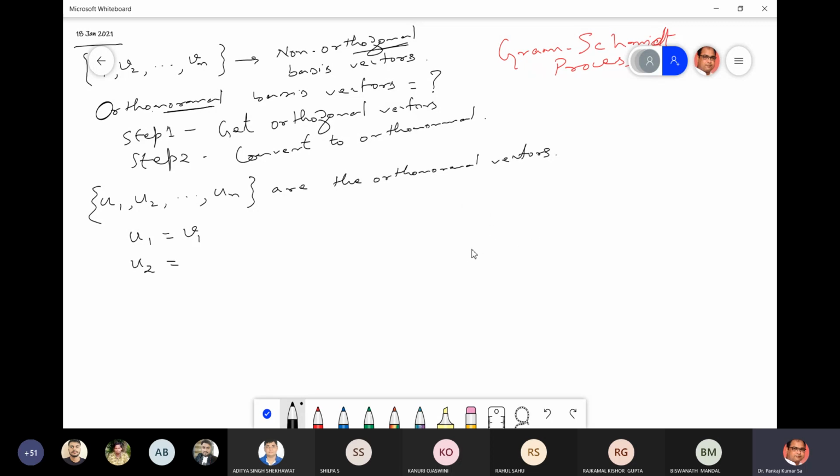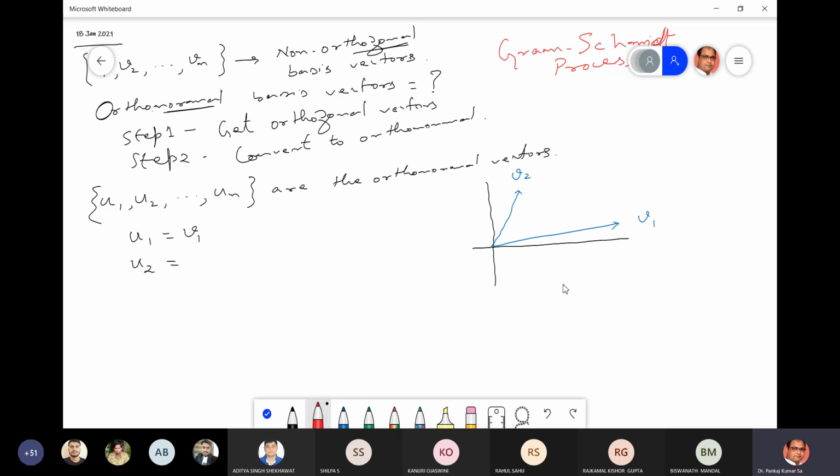So I have one vector, this is my V1. I have another vector, this is my V2.